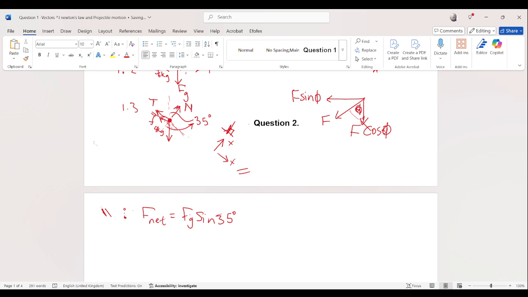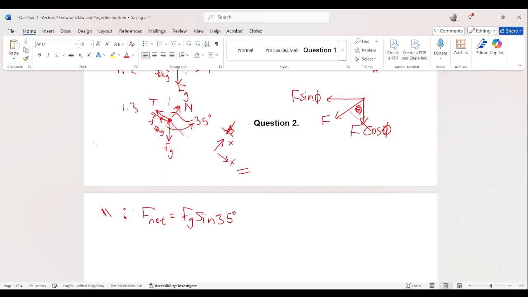You will see that the force of gravity is a tilted force.